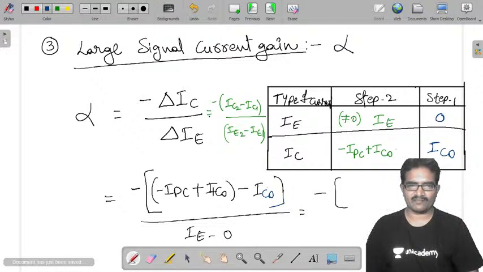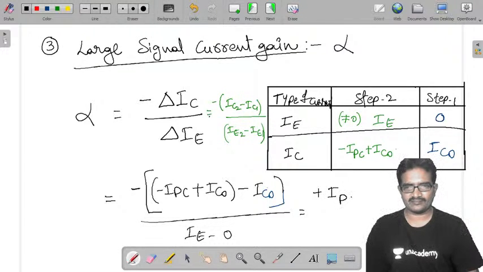Okay, now it is minus into minus plus. So it is plus IPC minus IC naught plus IC naught by IE.